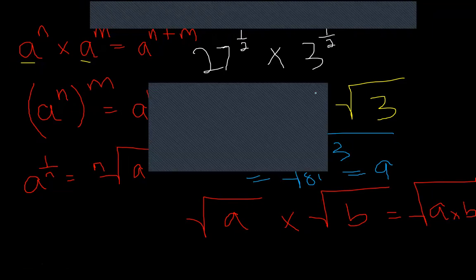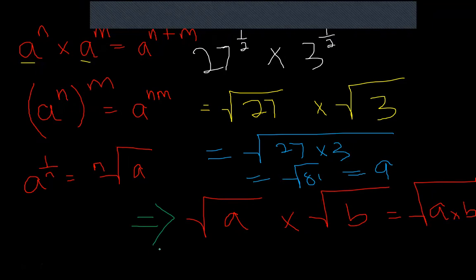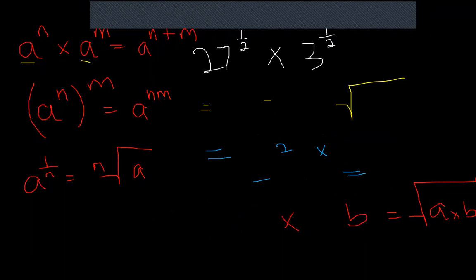So this is the second way, using surds. Third way, you could solve this question. I could erase this, right? Yes. Okay. This is the beauty of math. So many ways to solve one question. It's just amazing.